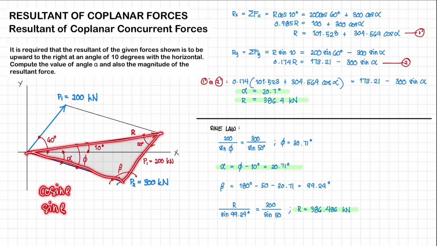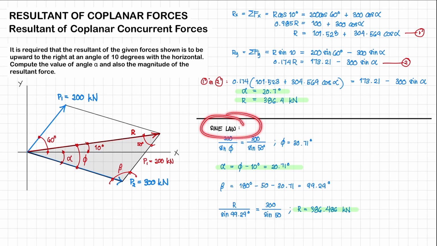Now, remember that for cosine law, you need at least two sides and the included angle. And for sine law, you need at least one side and the angle opposite that side. All right. So in our case, if we examine the properties of our triangle, what we'd be able to apply is the sine law. Right.